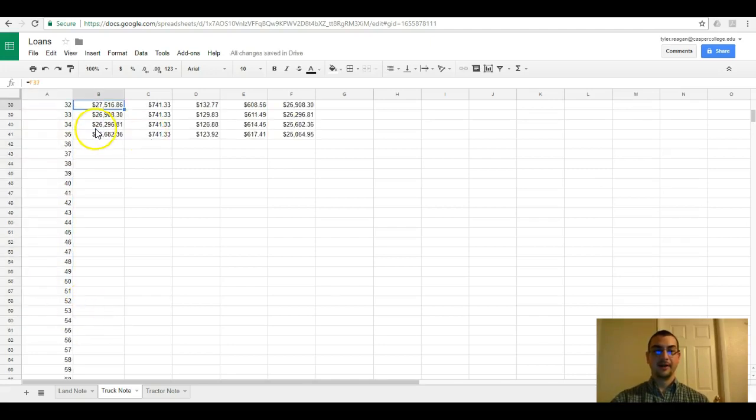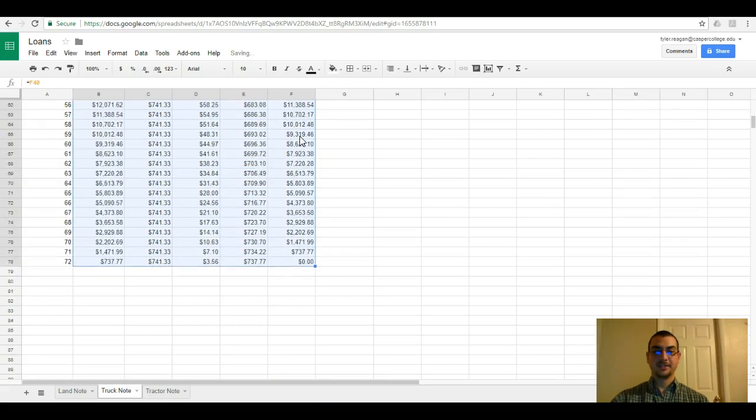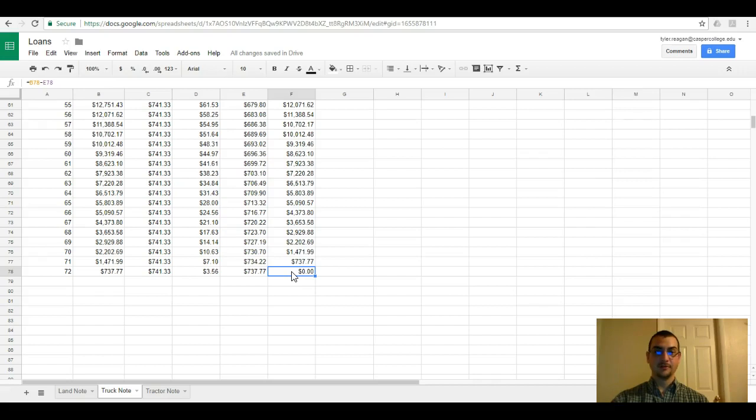Then you want to highlight this last row and drag it down. And at the end of that 72nd term, we see that we have an ending balance of $0. That's exactly how we want these notes to show up.